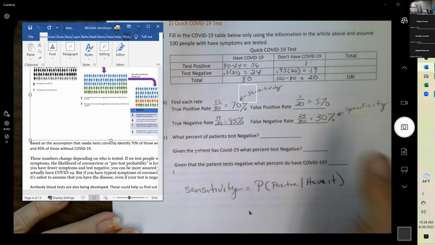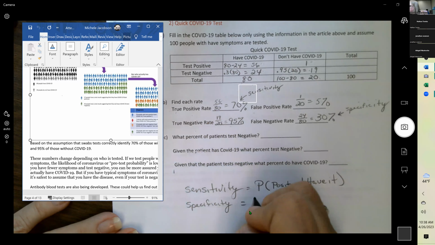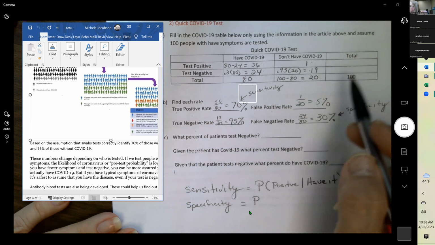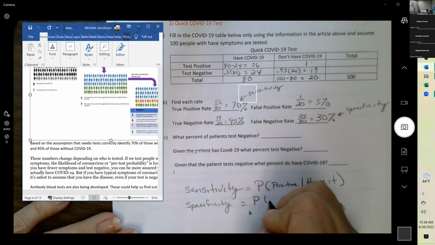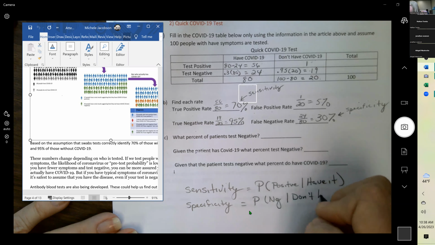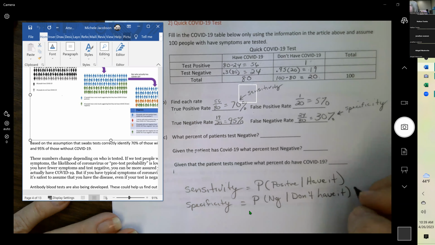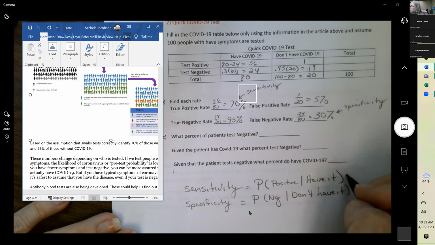The other one is the probability you test negative given you don't have it. So if you don't have, in this case, COVID, what percent will test negative?